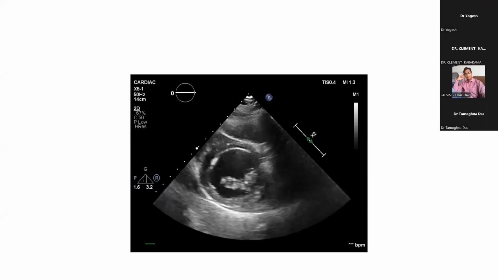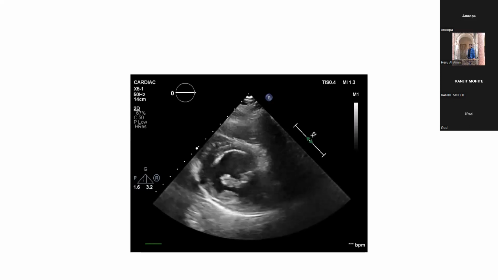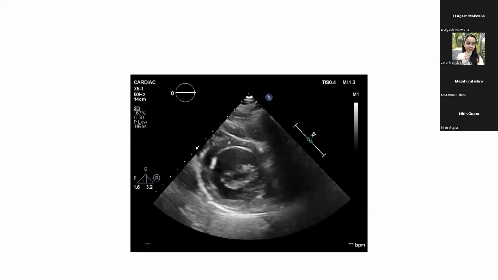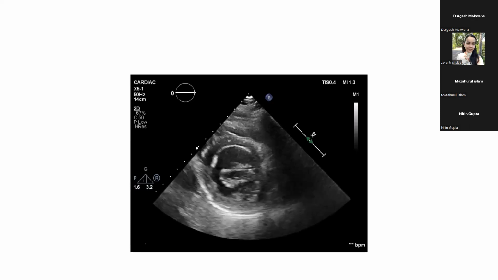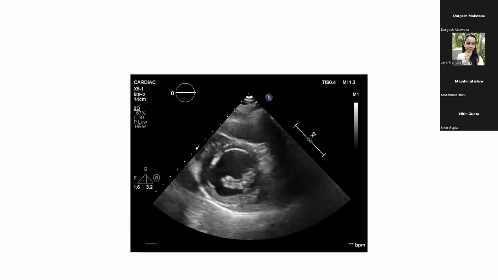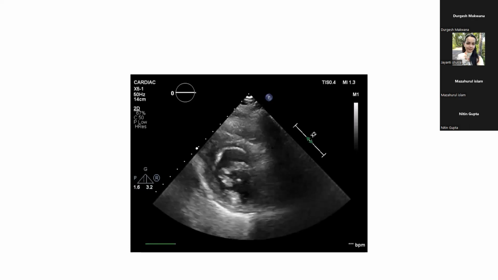Sir, during diastole we will pause the video. You will do a parasternal long axis, then rotate the transducer to make it a short axis. Then, sir, we have to pause the video during diastole, take the planimetry and measure the area.